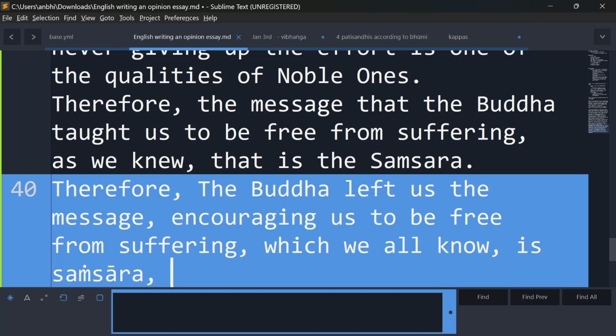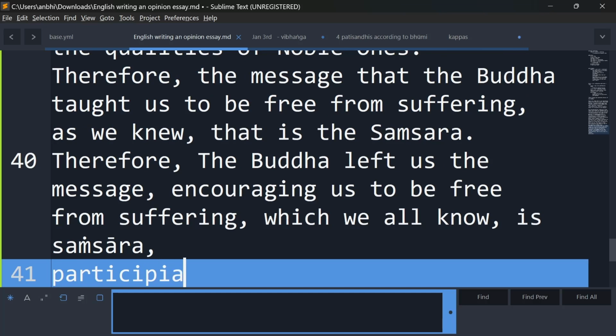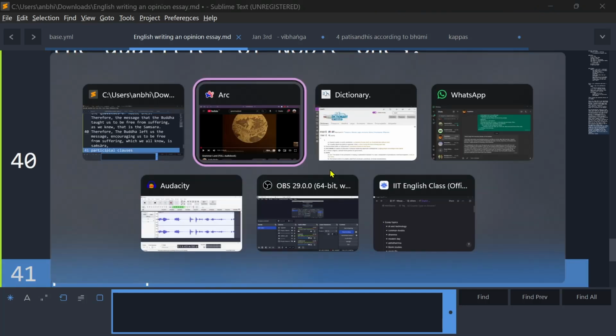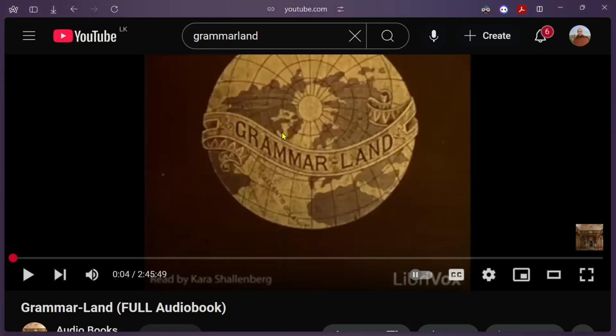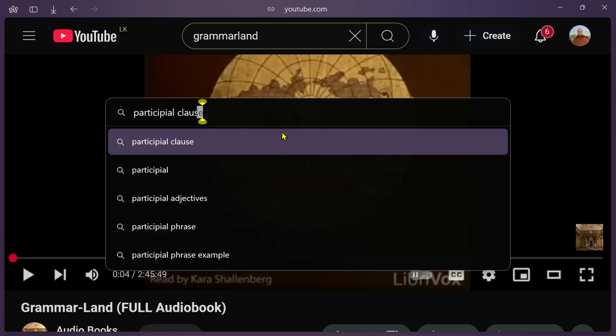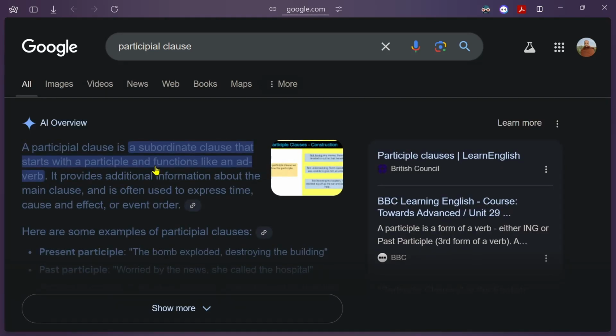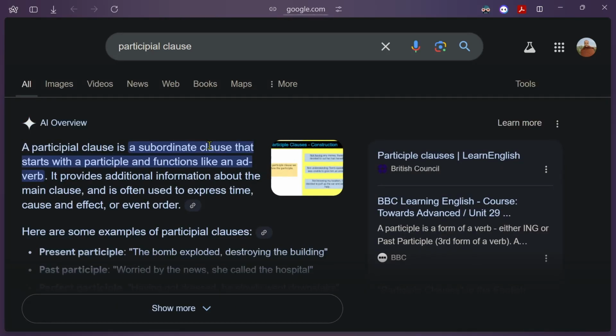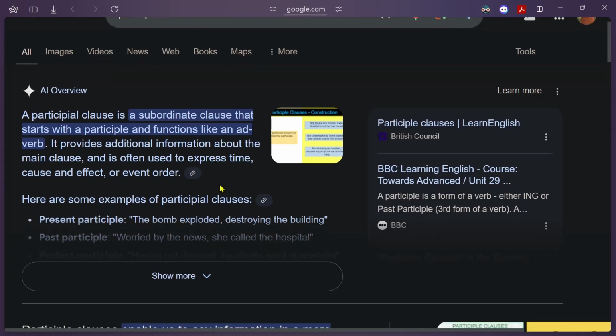Encouraging us... message. This is one of those participial clauses. Oh my God. I think it's a participial clause. A participial clause is a subordinate clause that starts with a participle and functions like an adverb. Let's see.